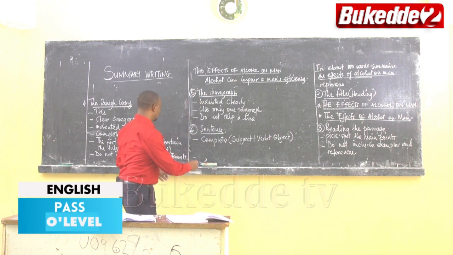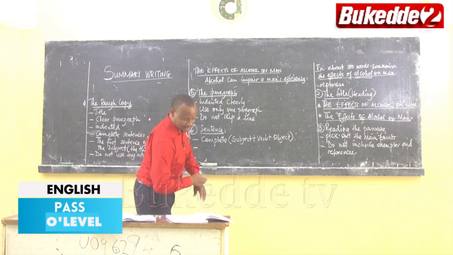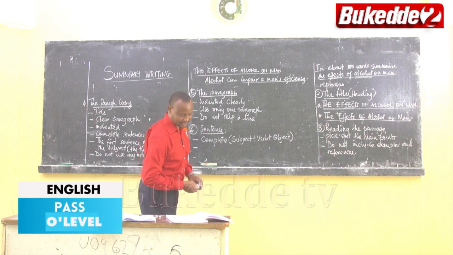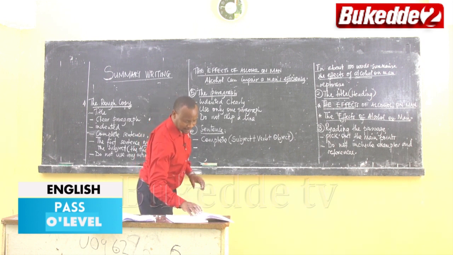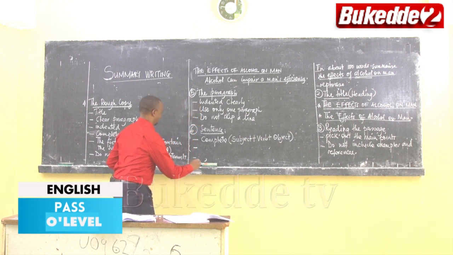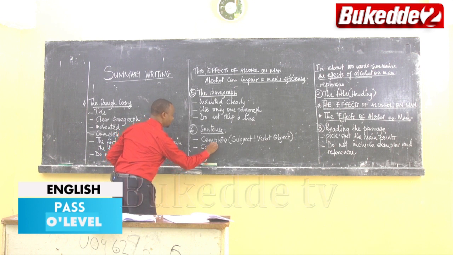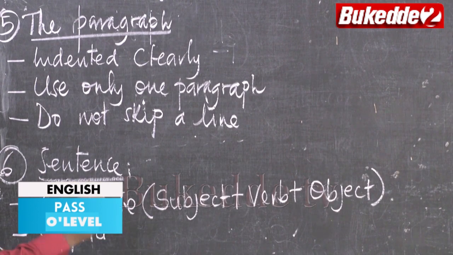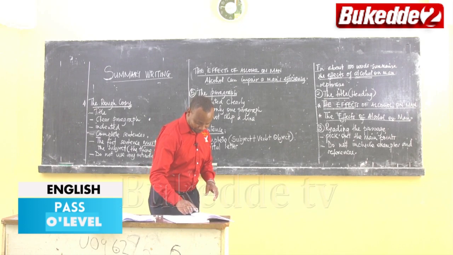Number 2 on sentence is start every sentence with a capital letter. Every sentence must begin with a capital letter to show that a new sentence is coming. And your handwriting also matters there. That will be another lesson for another day.